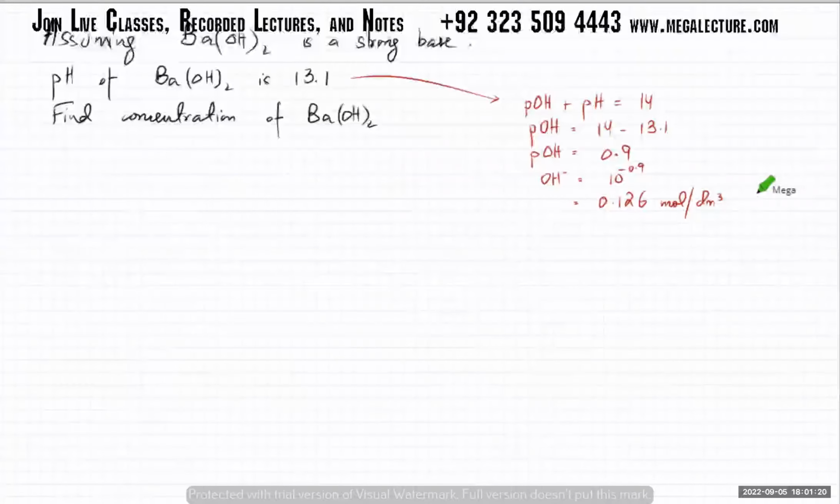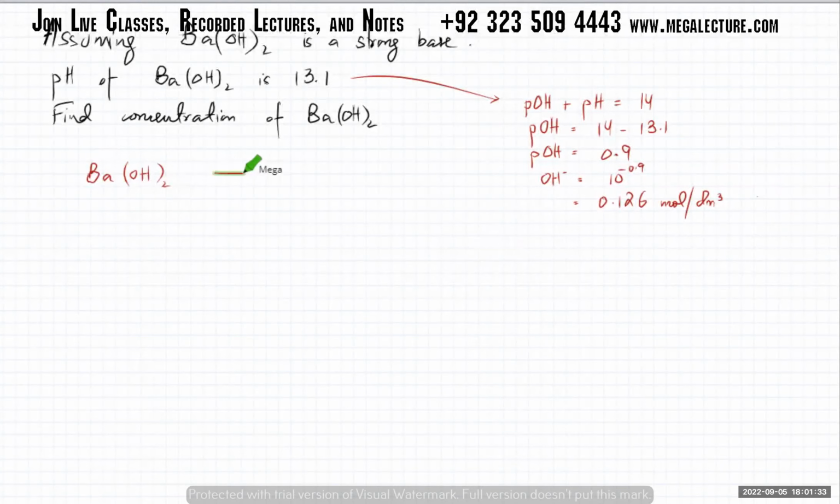Now the next part is, if it's 0.126 mole per dm cube, how do you figure out the barium hydroxide concentration? They said it fully ionizes, so it's going to be barium ions plus 2 OH ions. We figured out the OH ion concentration, which is coming out to be 0.126 mole per dm cube.